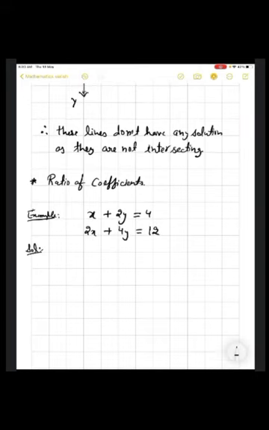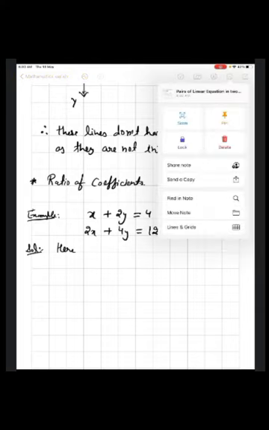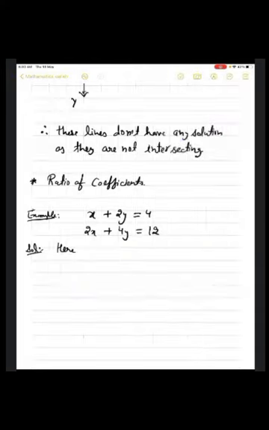Here tell me what are A1, A2, B1, B2 and C1, C2.